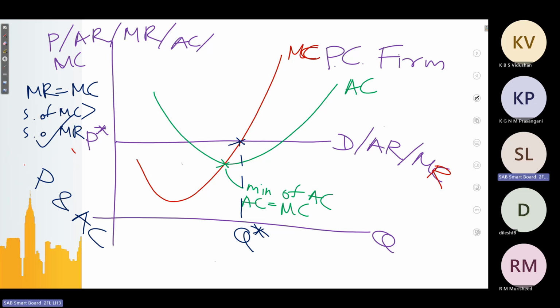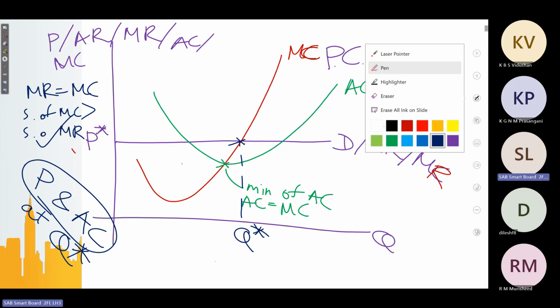Obviously, we should look at the price and average cost at profit maximizing output level.